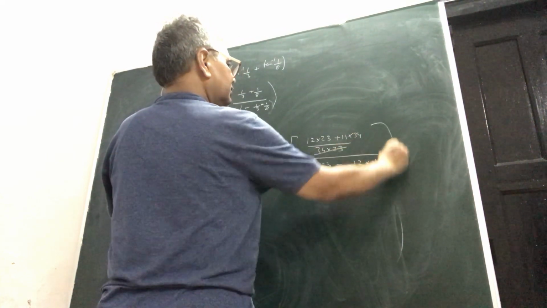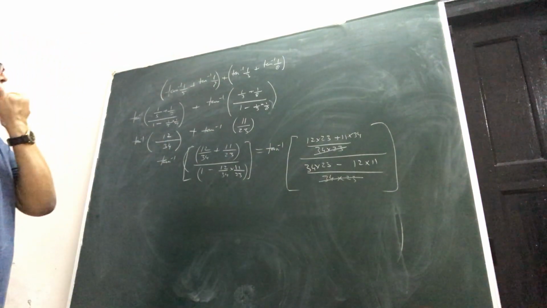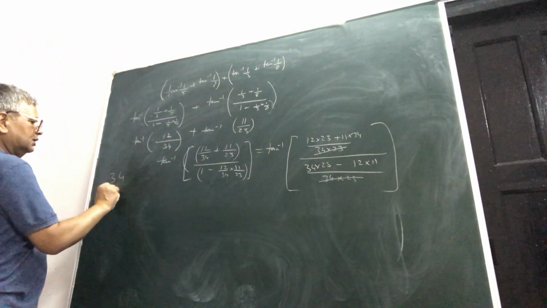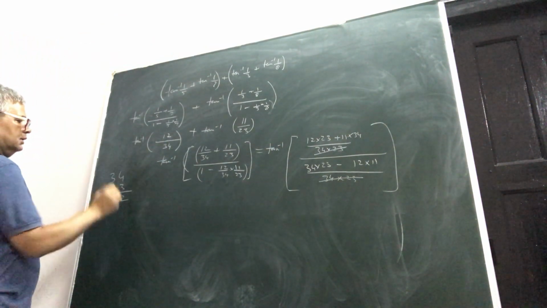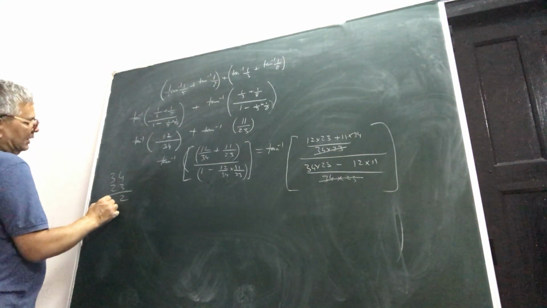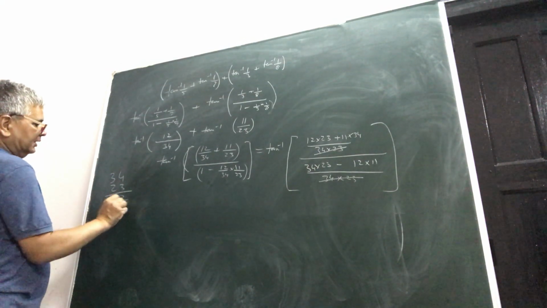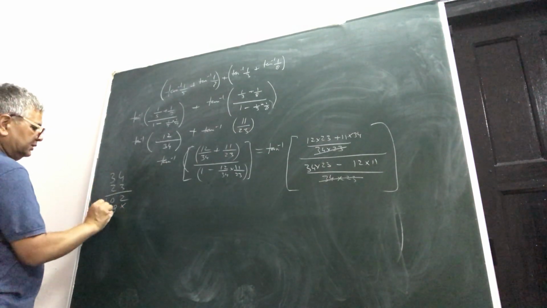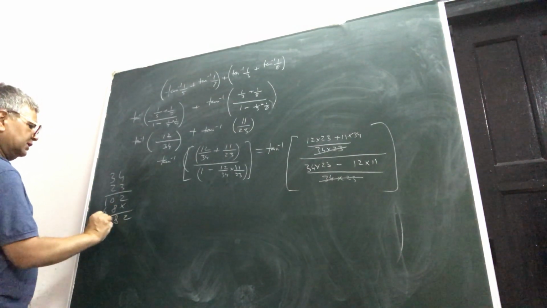This will cancel. Eventually you will be left with this. Let us see what 34 into 23 is. 3, 4, 12, 1. 3, 3, 9, 1, 10. 2, 4, 8, 2, 6. So this is 2, 8, 7.